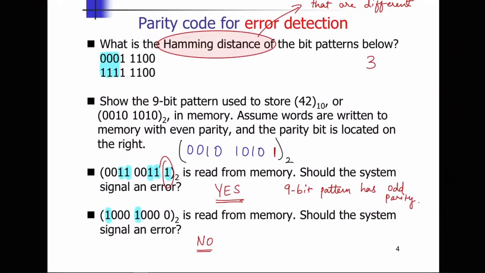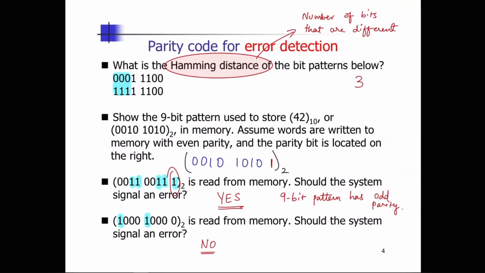So I hope that gives you a brief idea about where we are going with this Hamming code. We are using redundant bits. As you can see, our data was 8-bit, but we are adding one more bit here. We could actually go on and add more number of redundant bits to get the ability to correct errors or detect more than one error. So we'll be doing that in just a bit.